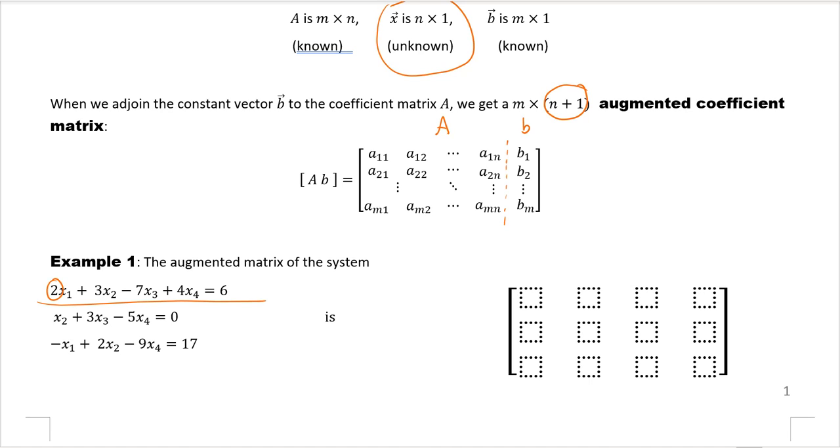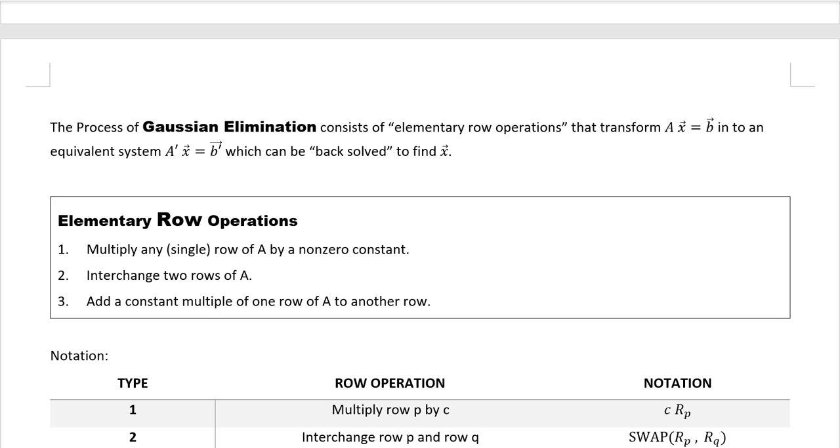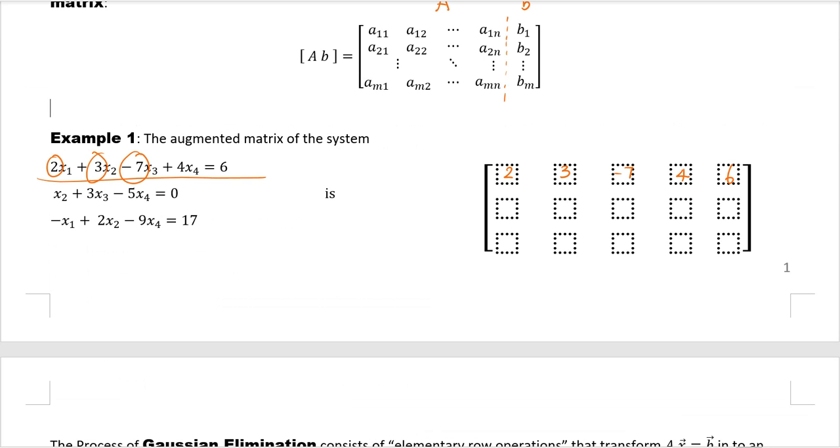The coefficients are 2, 3, minus 7, and 4, and 6 on the right. For the second equation, because we don't have x1, the coefficient of x1 is 0, for x2 we have 1, for x3 we have 3, for x4 we have -5, and the right hand side is 0.